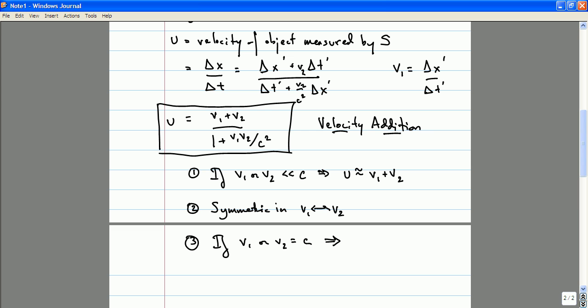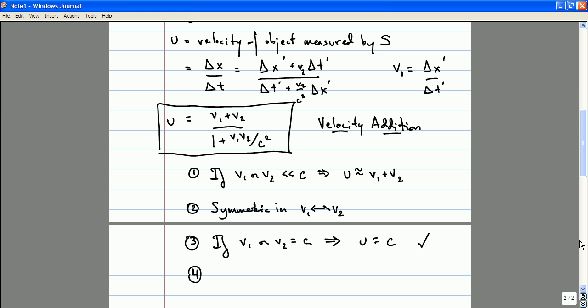Multiply the numerator and the denominator by c, and you'll see that the numerator and denominator cancel up to a factor of c, so that the velocity is c. What does that mean? That means that if you see something moving at the speed of light, I see it moving at the speed of light also. That's just a statement that light will travel at the same velocity, namely c, in all reference frames.